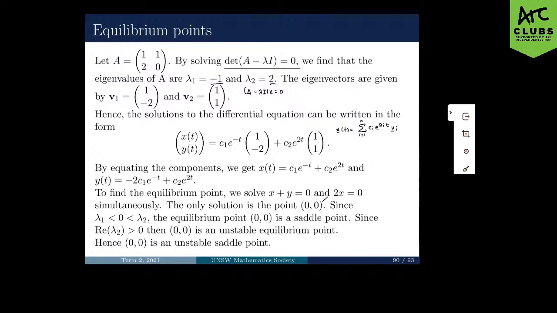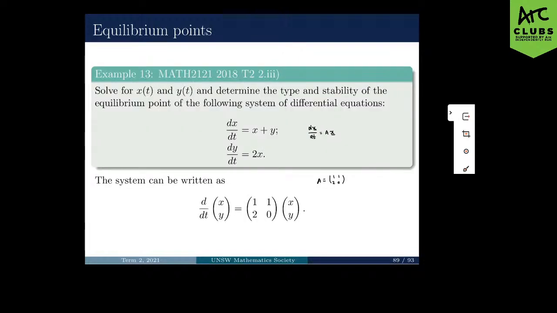So we didn't actually need to find the equilibrium point, but yeah, it's at 0, 0, because we know that in this form, B is equal to the 0 vector, and so the equilibrium point, which is minus the inverse of A times B, is equal to 0. So yeah, the equilibrium point is 0, 0.